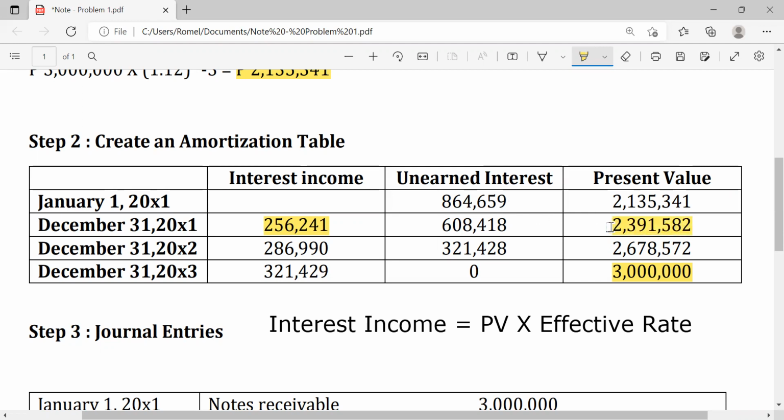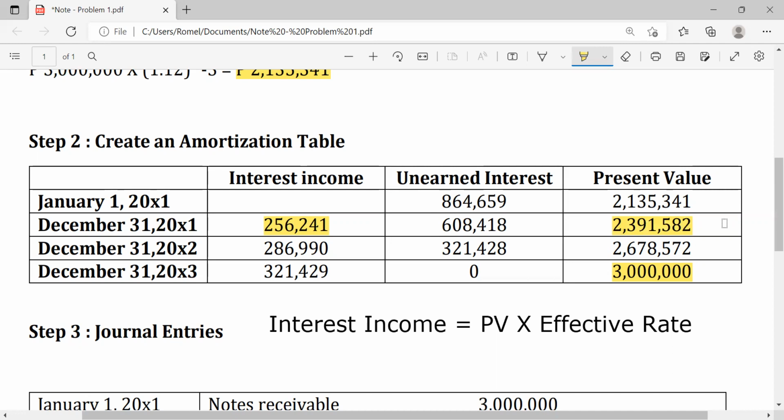The answer is 2,391,182. So that will be the present value on December 31, 20X1.